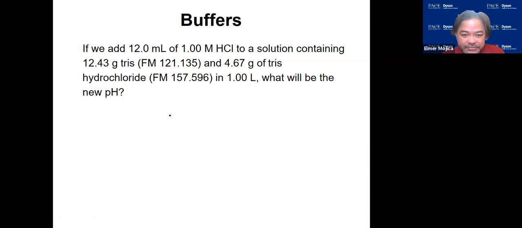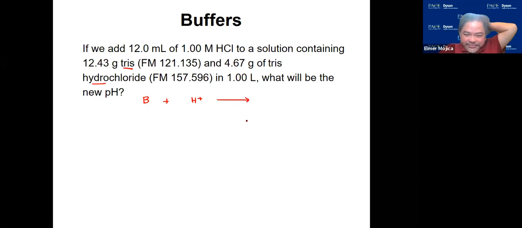Okay, so we have there the buffer plus H plus. Okay, so remember, if I add an H plus, which do you think will react? Is it the tris or the tris hydrochloride? Which do you think will react?